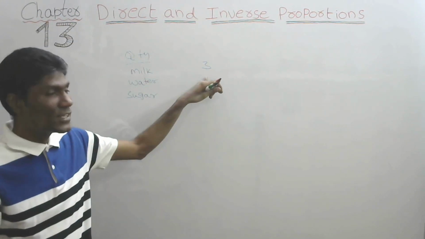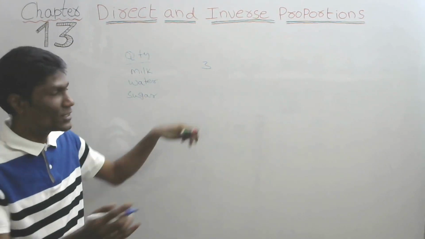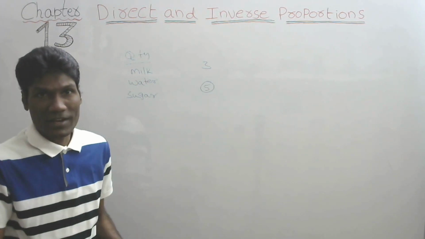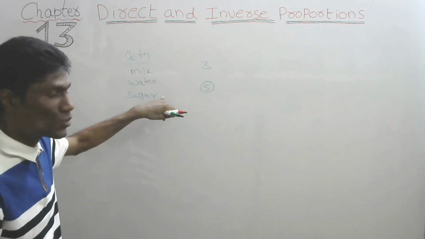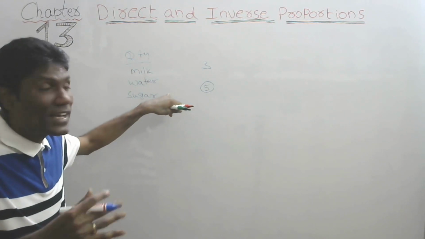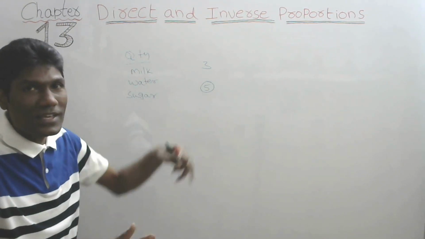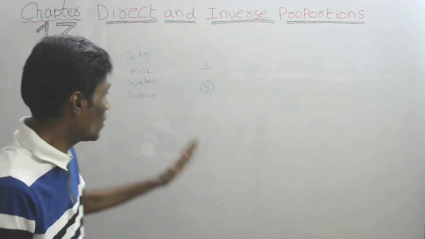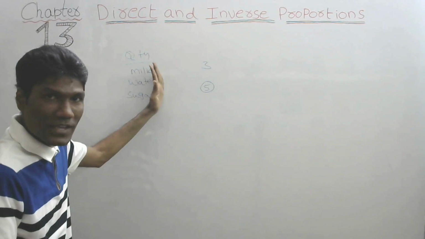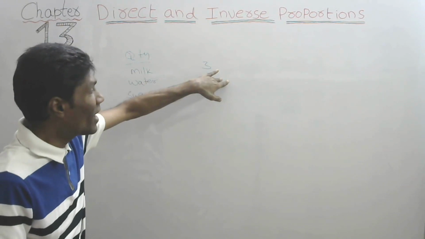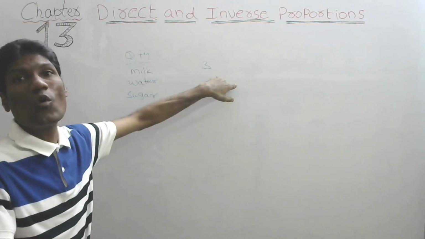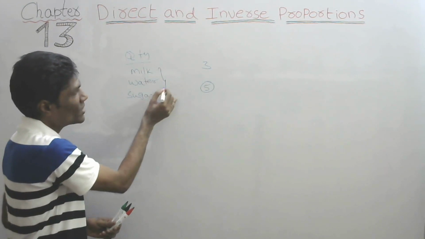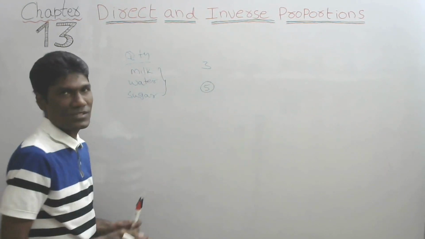Now, if I change the quantity, that is, if I make it for 5 people, then what am I supposed to do? I have to increase the quantities or decrease the quantities? I have to increase. So, when I increase the quantity here, then I can serve more people. So, when this is changing, this is changing.